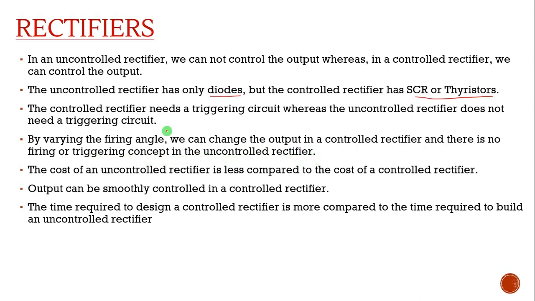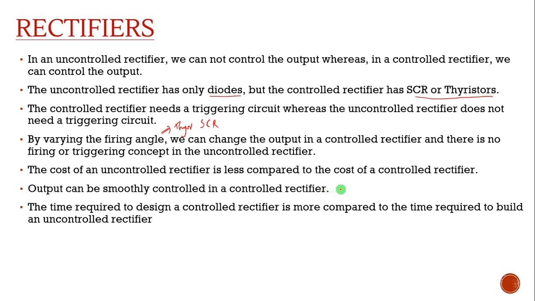By varying the firing angle in a thyristor or SCR we can control the output of a controlled rectifier, but in an uncontrolled rectifier we use only diodes, so there is no triggering concept. The cost of an uncontrolled rectifier is less than that of a controlled rectifier, and the output can be smoothly controlled in a controlled rectifier.